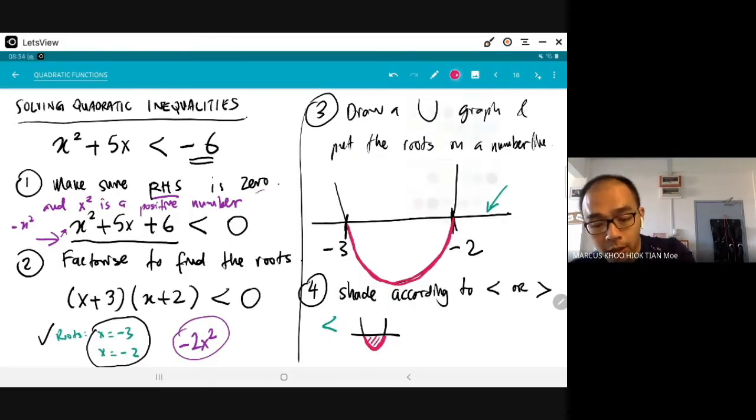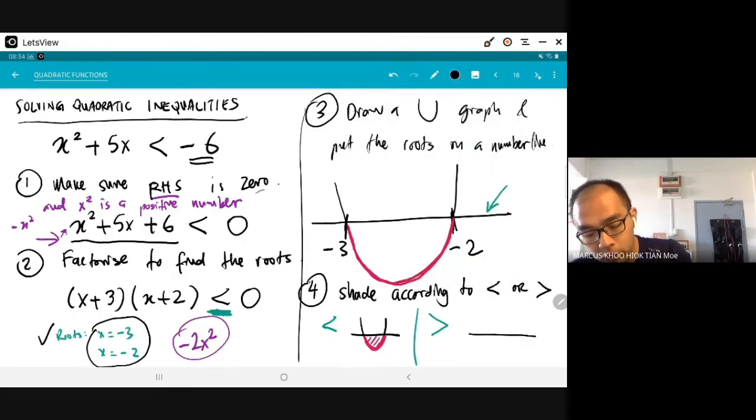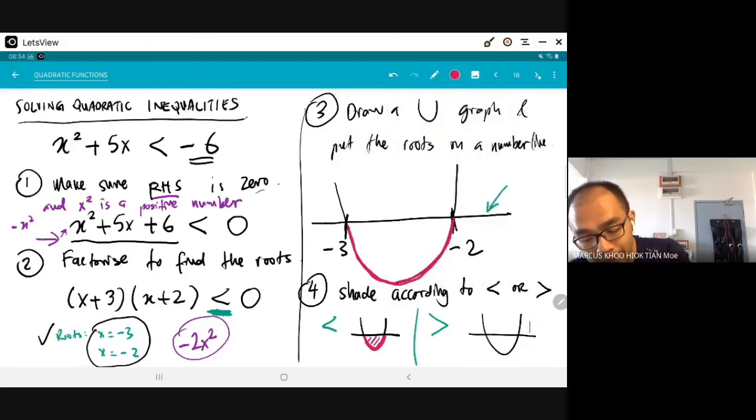Okay, kalau dia adalah more, okay, kalau tanda di sini adalah more, okay, then what you need to lorek, okay, same thing, U-shape graph, tapi bahagian yang more adalah bahagian yang di atas garis mendatar itu kan, so dia lebih. Jadi, astaga, this part and this part.